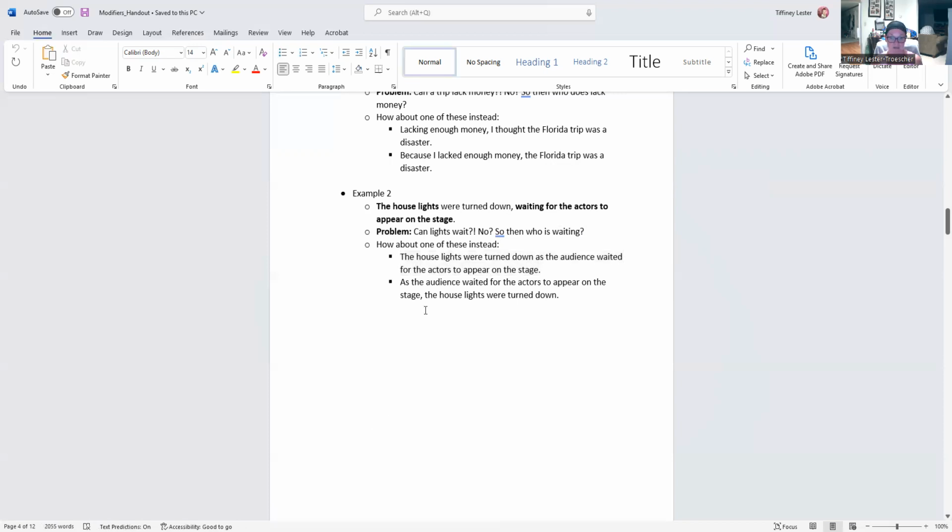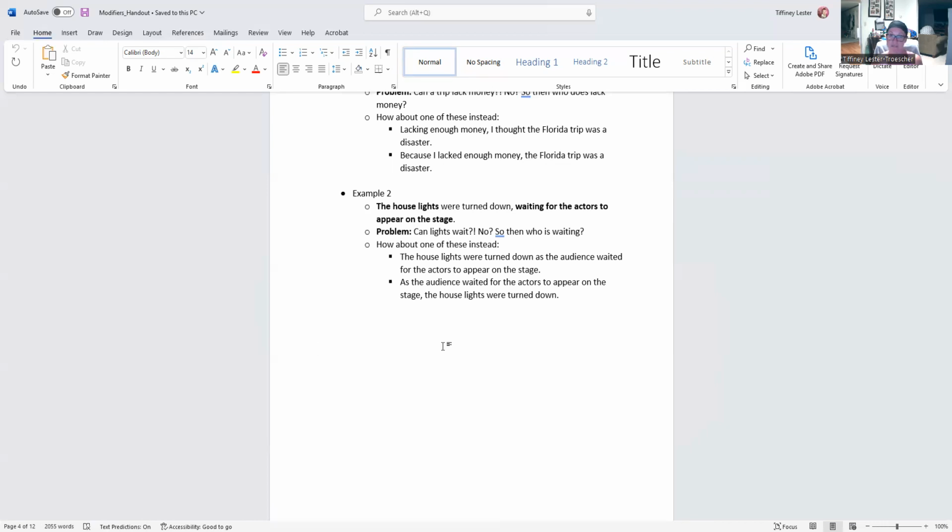And all we had to do was, instead of saying waiting for the actors to appear on stage, we had to say as the audience waited for the actors to appear on stage. So not much that needed to be fixed, right? Not much that needed to be changed, but still an important error that needs to be corrected.